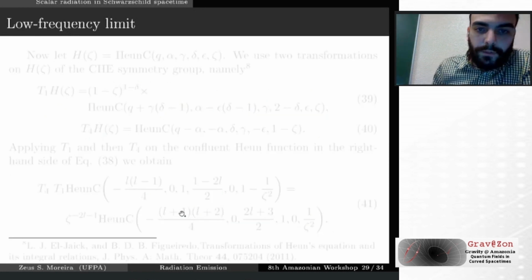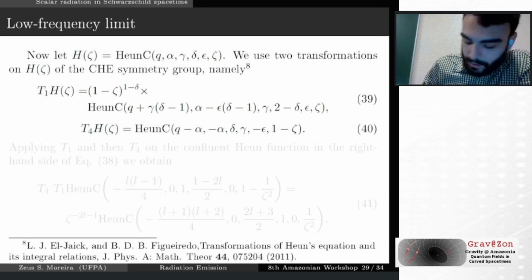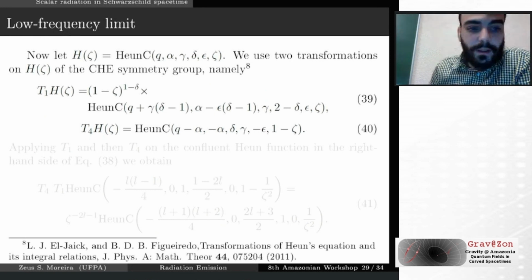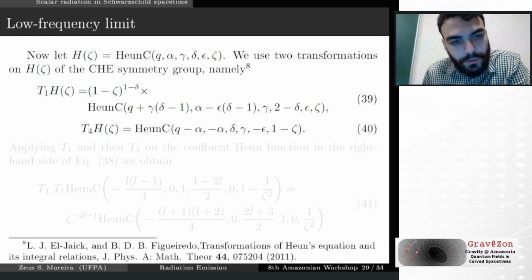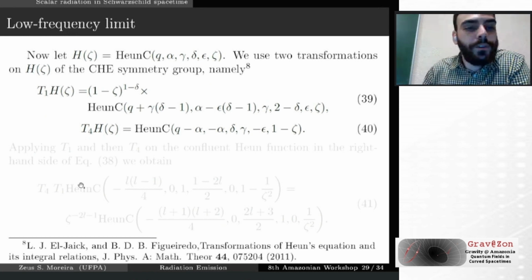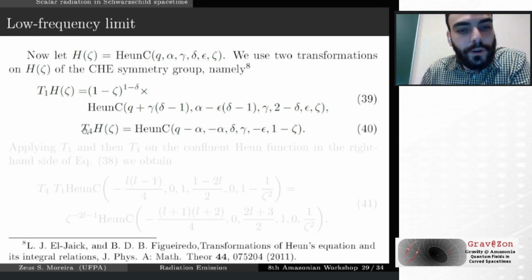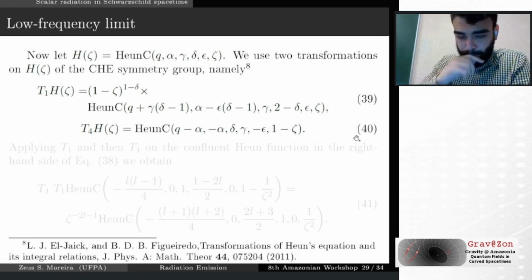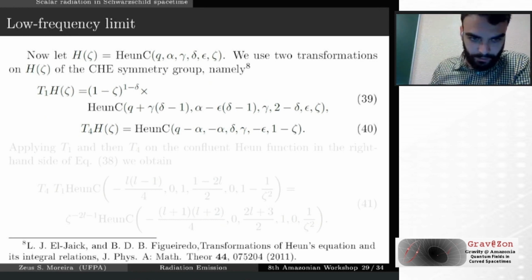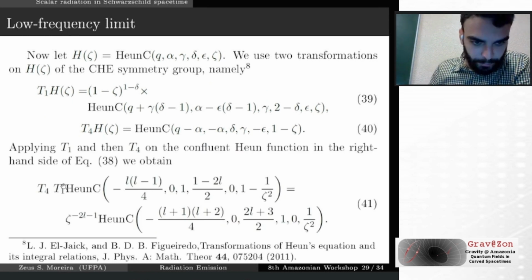Now we employ the confluent Heun equation symmetry. Remember, it's a group with 16 elements, but we will only use two transformations. One of them is called T1 and the other is called T4. They are defined here in equations 39 and 40. And the strategy is to apply first T1 and then T4.